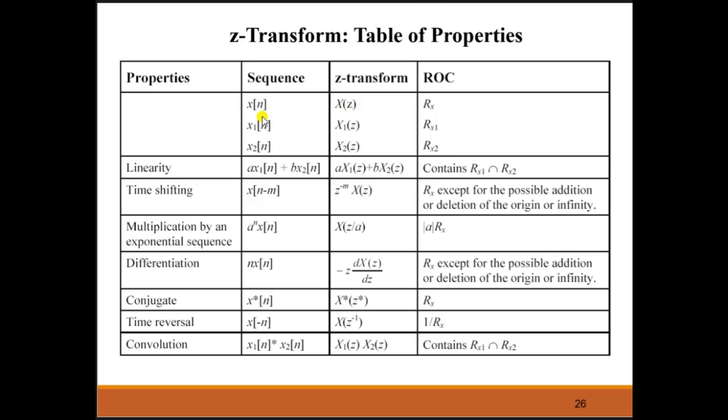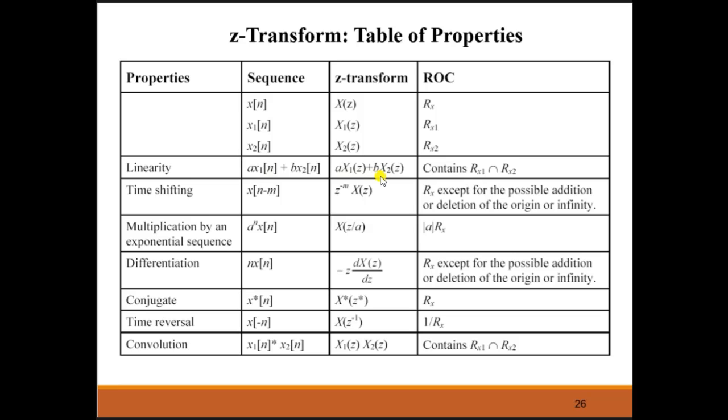So for x n you get X z and the ROC is Rx; for x1 n, the Z transform is X1 z and the ROC is Rx1; and x2 n, X2 z, Rx2. Then linearity, which we have seen before: a x1 n plus b x2 n gives a X1 z plus b X2 z.